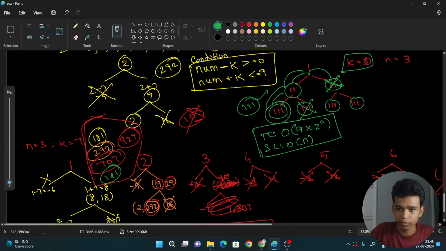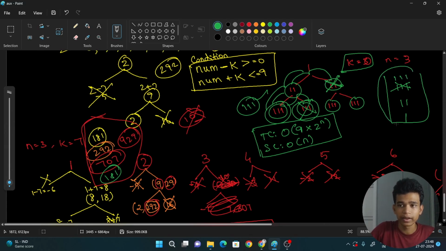Now again I go to this, so in the recursion stack, see here, 1, then 1 1, then 1 1 1 for this, and then this will be deleted and it comes back to 1 1, then it goes to this 1 1 1, so that again 1 1 1 will be created. So the recursion stack will be only O of n. It is not O of 2 power n. Can you understand this? This can also be written as 2 power n, that's also correct. So this is my time and space complexity analysis. Thank you.